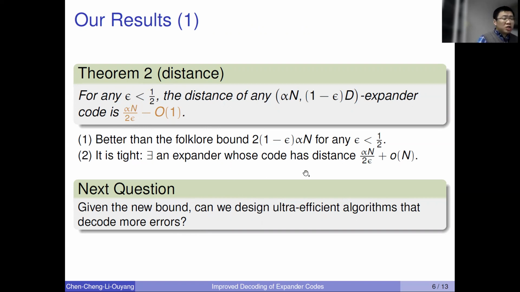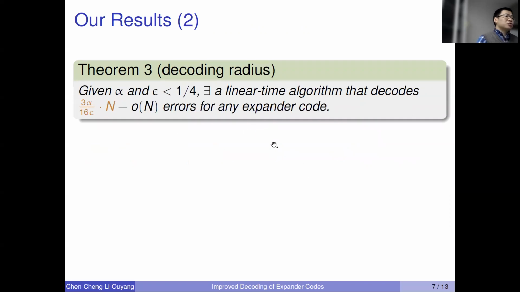Okay, so we give a firm answer to this question. We design a linear time algorithm that, given alpha and epsilon less than 1/4, decodes 3 alpha over 16 epsilon times n errors for any expander code.